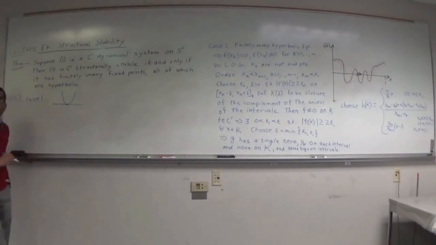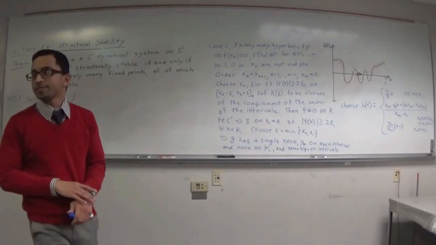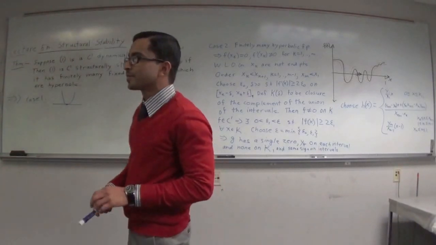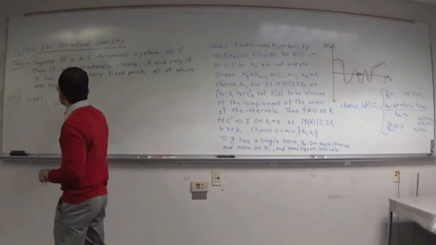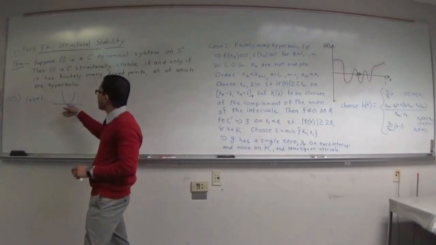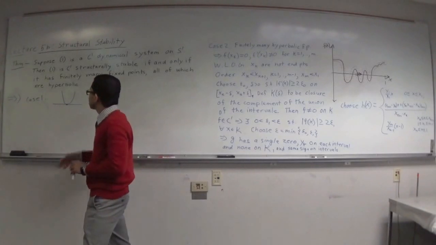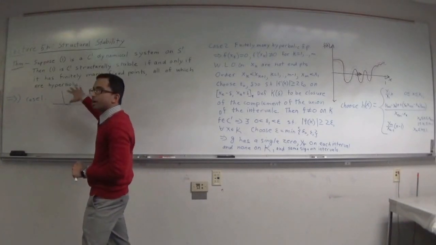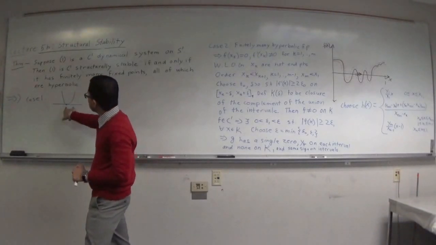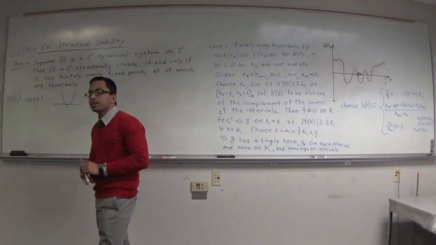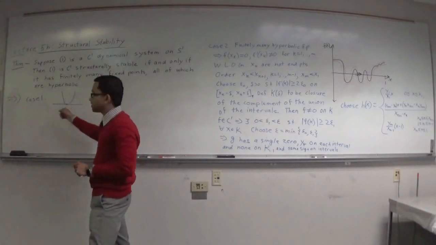It's tangent at one point. Do we want to remove or add fixed points there? We can add, and we can also remove the fixed point as well. So let's think of removing it so we can do everything in the positive domain.